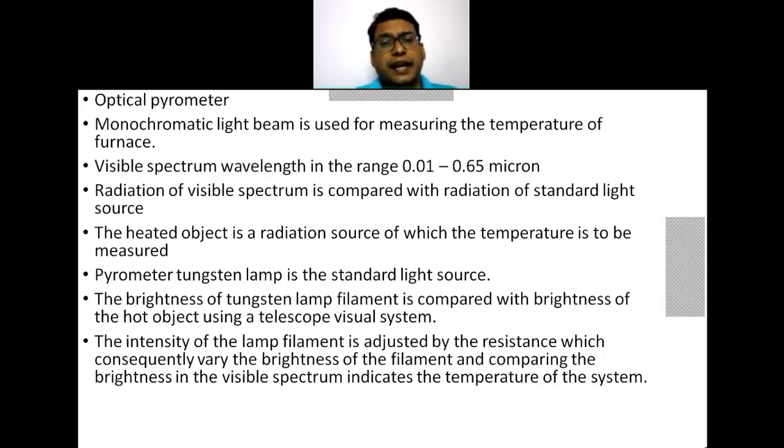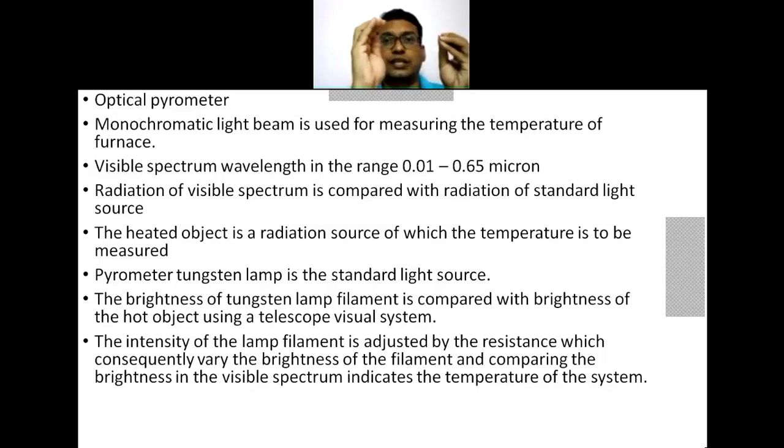These radiations of the visible spectrum are compared with the radiations of a standard light source, and the heated object is the radiation source, the heated object whose temperature I am going to measure. This is the source of radiation which is to be measured, and your pyrometer, which consists of a tungsten lamp, is the standard light source.